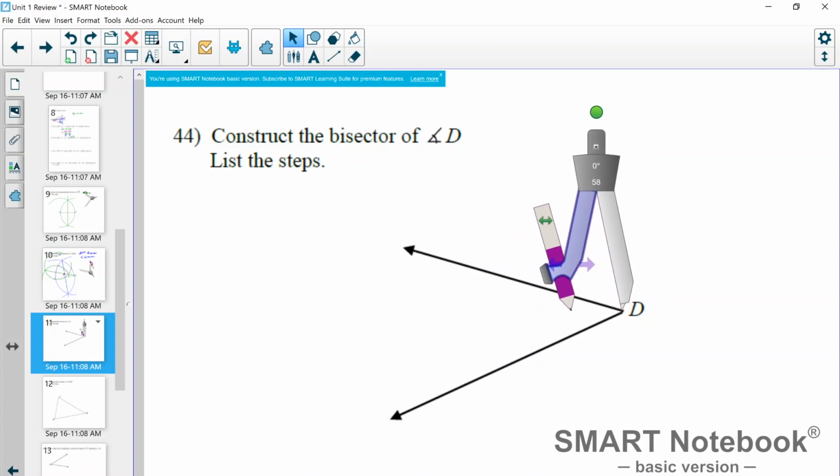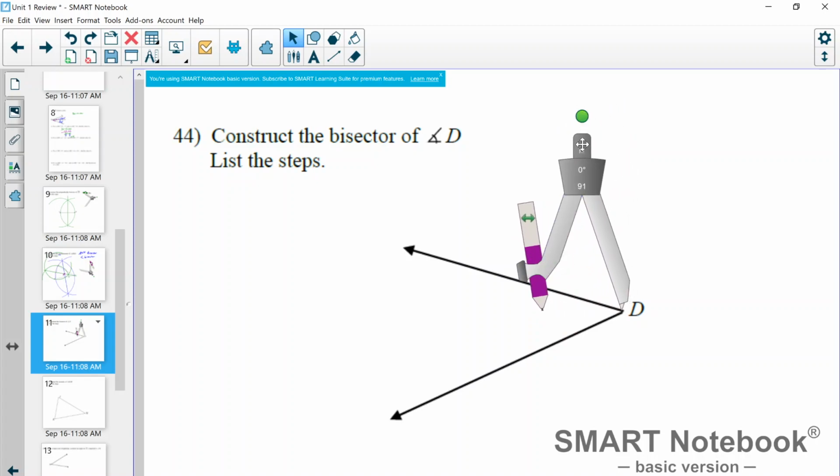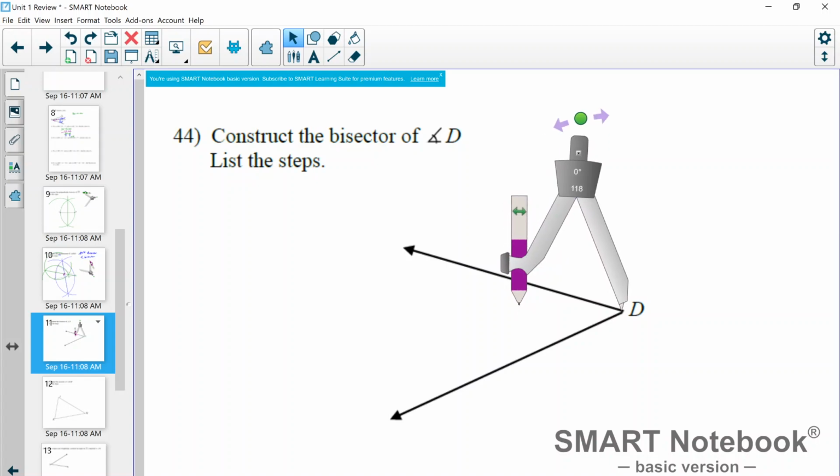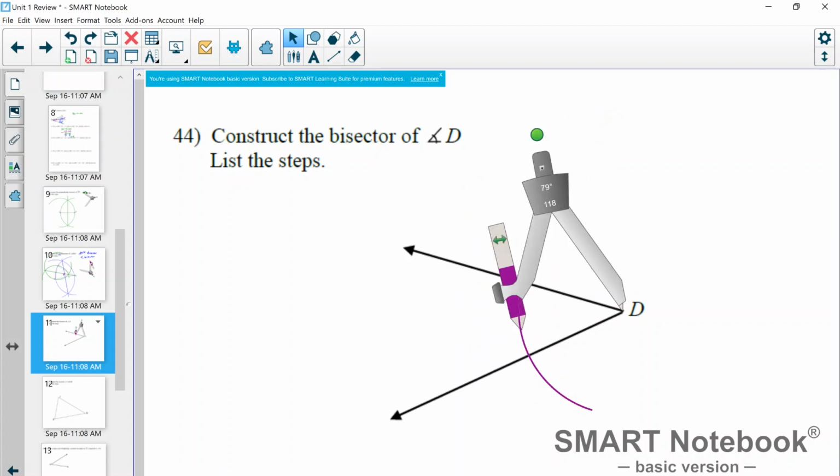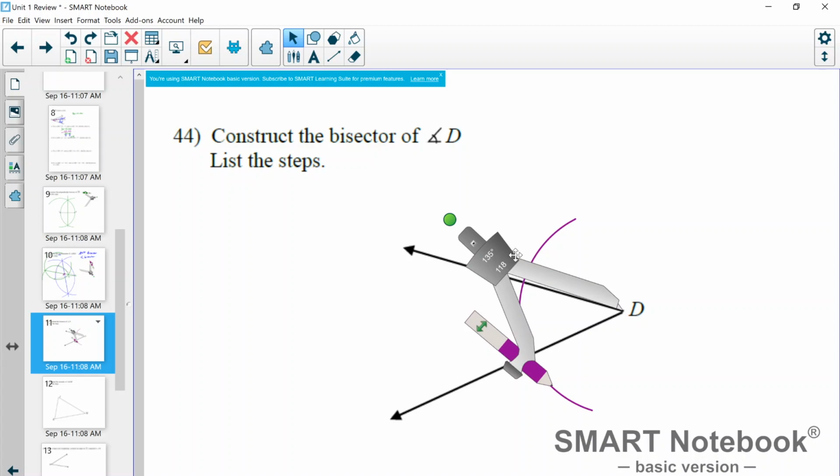When it comes to an angle bisector, it's a little bit different. We still need to know distance between 2 points, but at this point, we don't have the 2 points that we're looking at. So when it comes to angle bisector, I'm going to put my bullseye end on the vertex of our angle, and I'm going to open my compass up however far I want. And all I'm going to do is make a swoop through the angle.